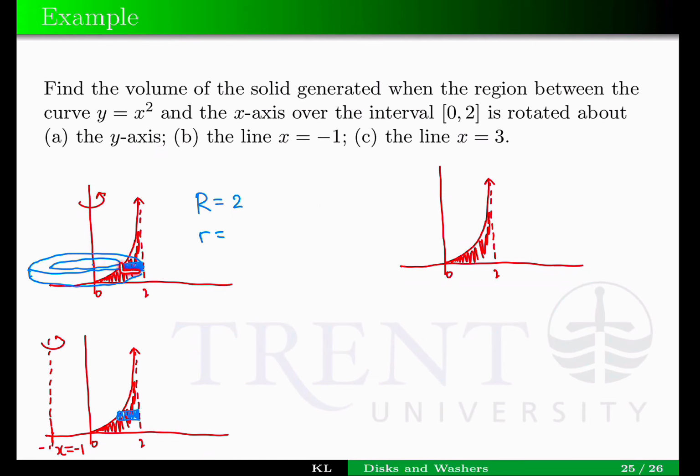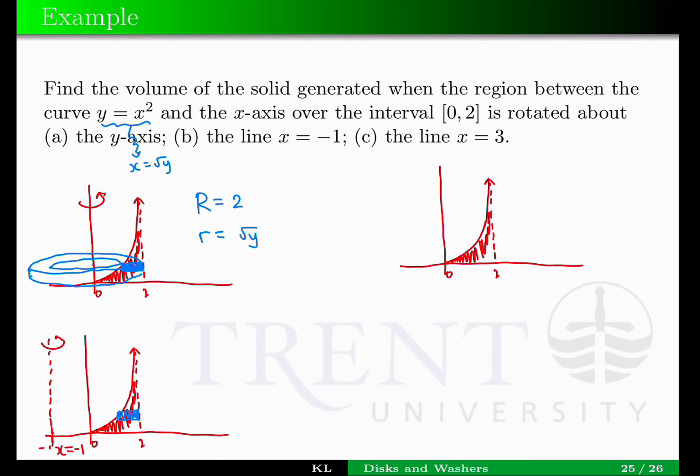Since we are considering horizontal strips, we have to write y equals x squared as x equals square root of y. So the smaller radius will be square root of y.